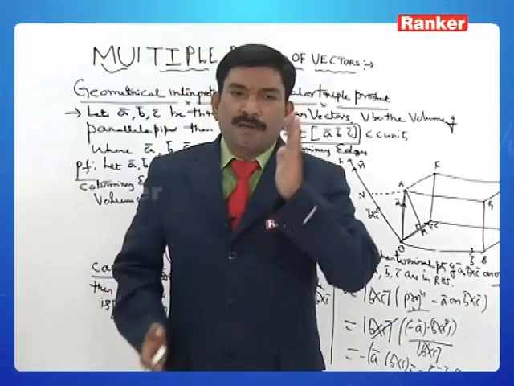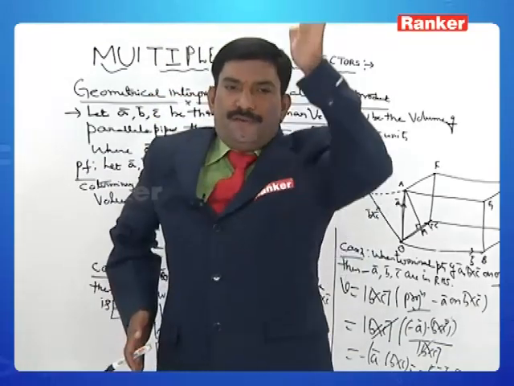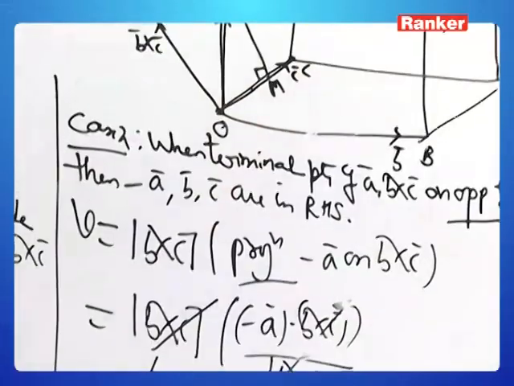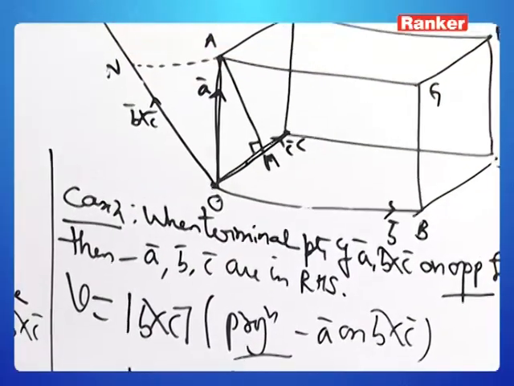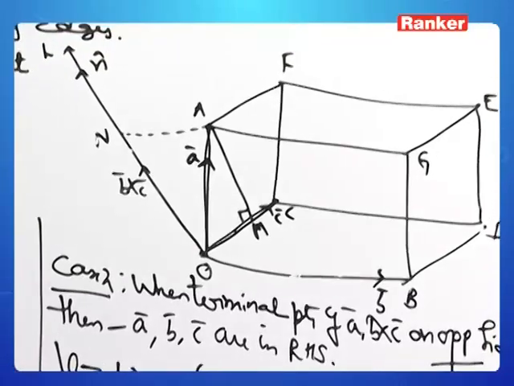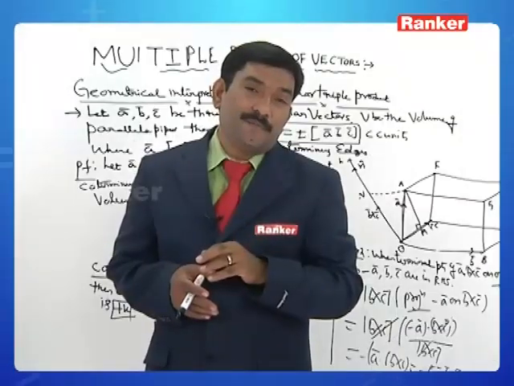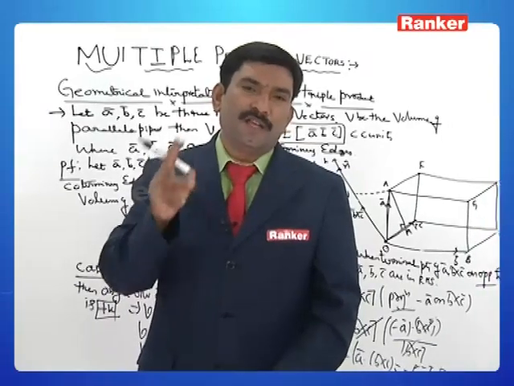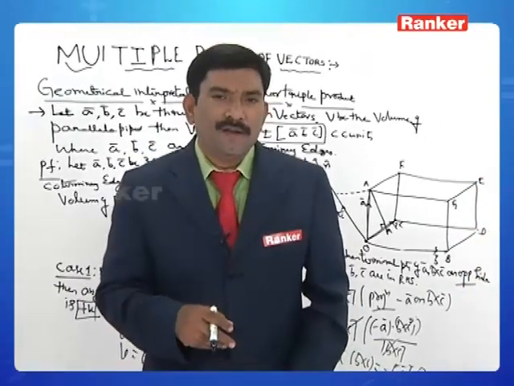Case 2, when the terminal points of A bar and B cross C are in opposite direction, then A bar, B bar, C bar are in left-handed system. To get them into the right-handed system, you have to change the direction of A bar.